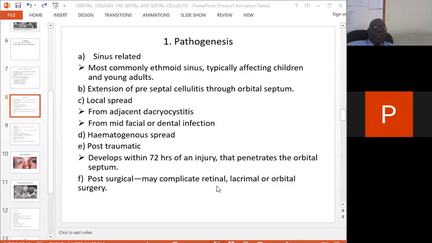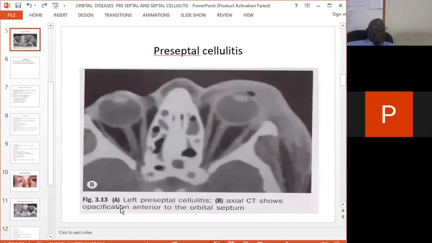Post-surgical may complicate retinal, lacrimal, or orbital surgery. When they say post-surgical, for example, if you do muscle surgery to align the muscles, or you go for retina surgery, you can get infection coming in.